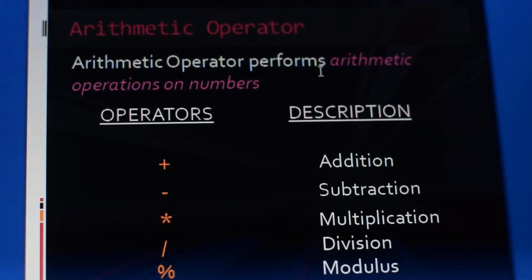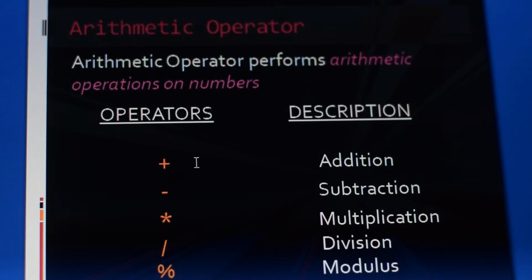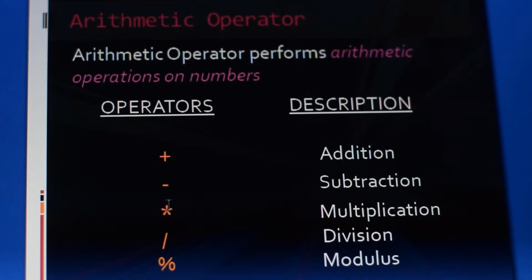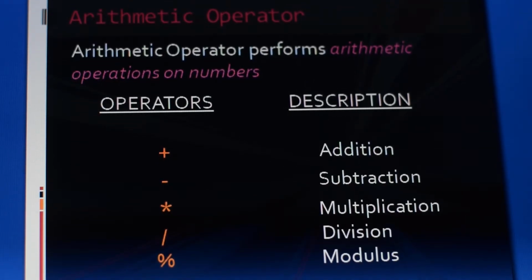Arithmetic operators. The arithmetic operators perform arithmetic operations on numbers. The arithmetic operators are plus for addition, minus for subtraction, multiply, that is the asterisk symbol, for multiplication, forward slash for division, and percent sign for modulus.